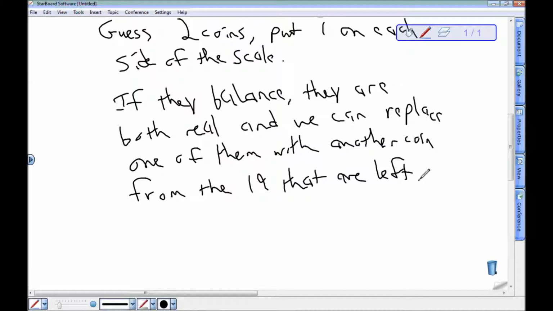There's only that one coin that weighs different. And we can replace one of them with another coin from the pile, another coin from the 19 that are left.